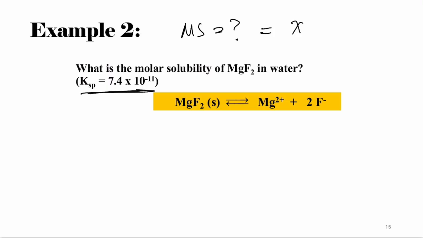Right, so how do we then write our expression? We have our initial, change, and equilibrium. What's going to be our change for each of these? Minus x for the solid. What about magnesium?